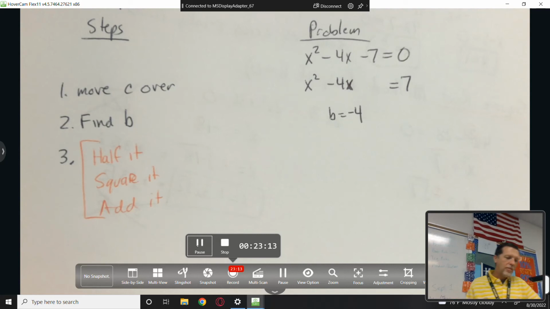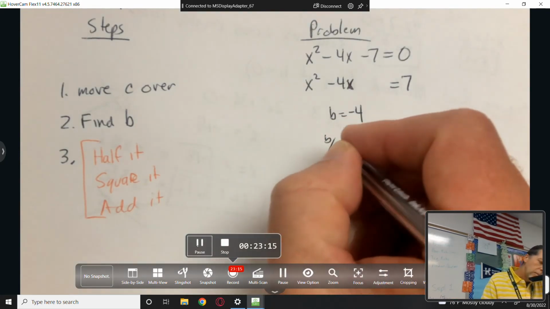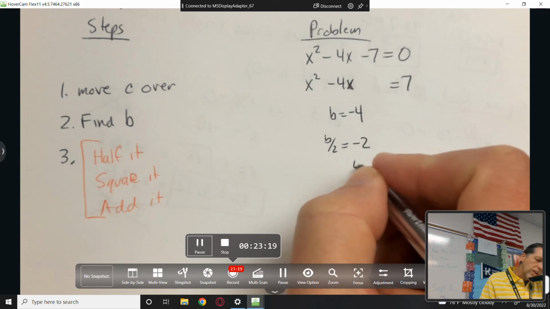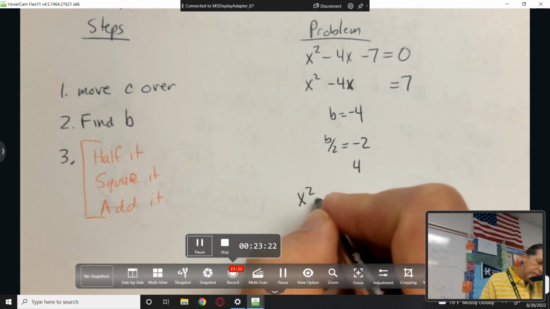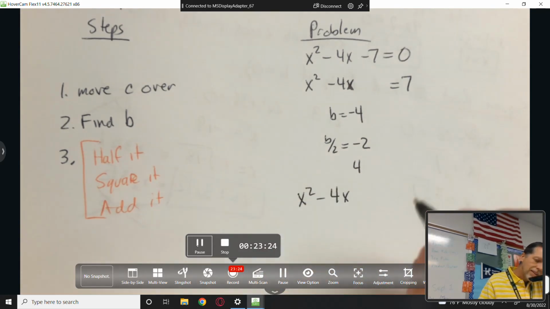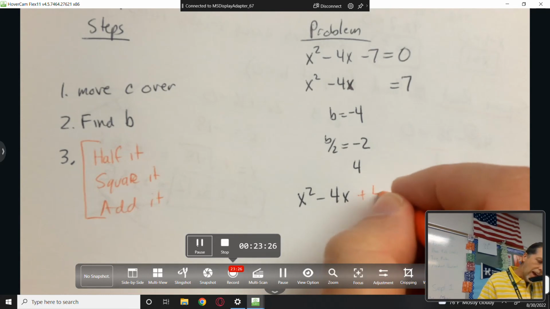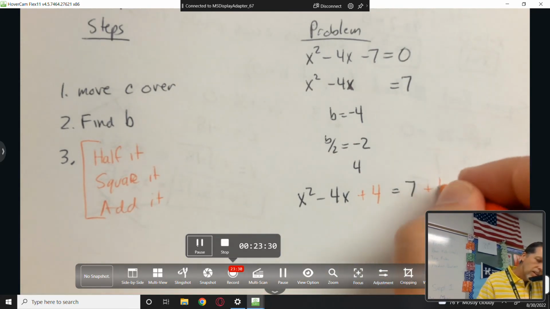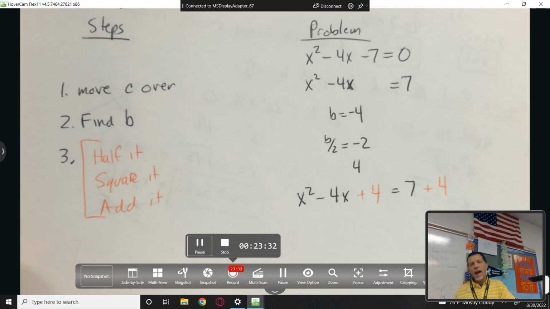Half of b over 2 is -2. Square it, you get 4. And then add it. You got to add it to both sides. So find b, and then half it, square it, add it.